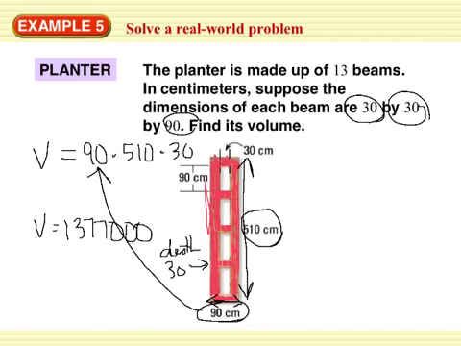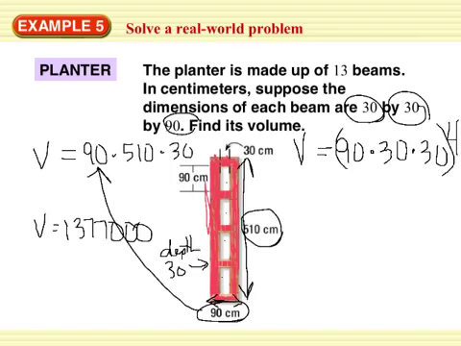Now I'm going to find the volume of the opening. The volume of the opening would be 90 times 30 times 30. And there are 1, 2, 3, 4 of those openings, so I'm going to multiply that by 4. 90 times 30 times 30 times 4.